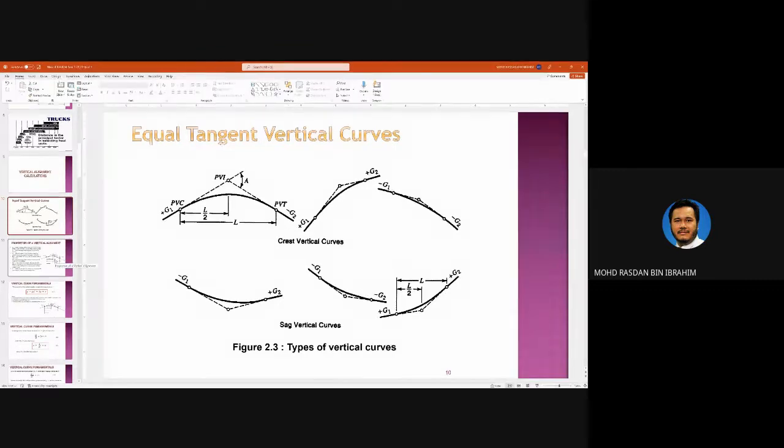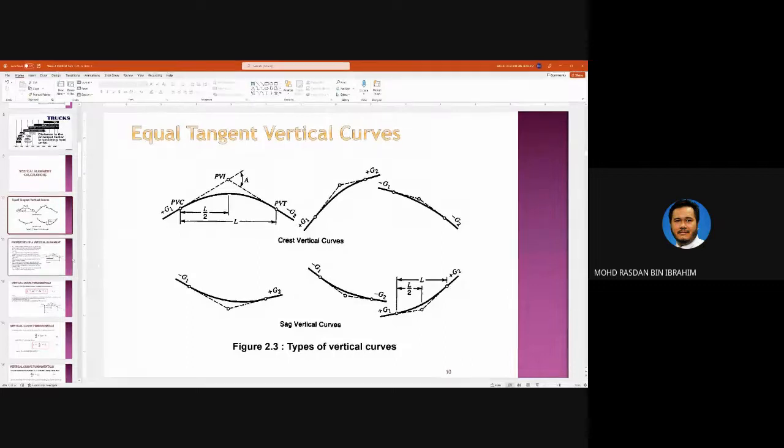Okay, so now the calculations that we are going to go through in a moment will cover the crest vertical curve where it is negative and positive, and also here, negative and positive and negative, and negative and positive, meaning that there is a change of sign.